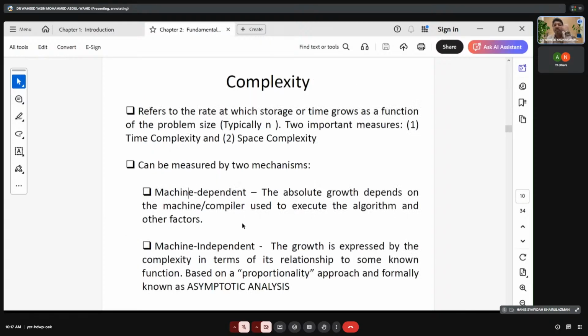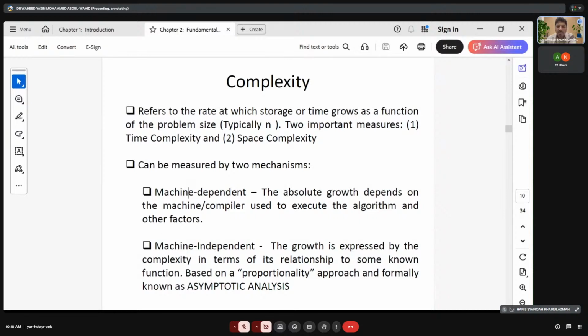So what is the complexity? Here we say that in our assignments there is machine dependent and machine independent. The absolute growth depends on the machine and compiler used to execute the algorithm and other factors.